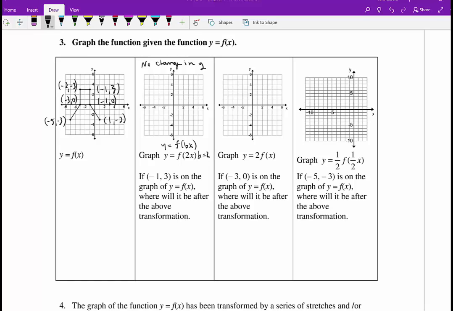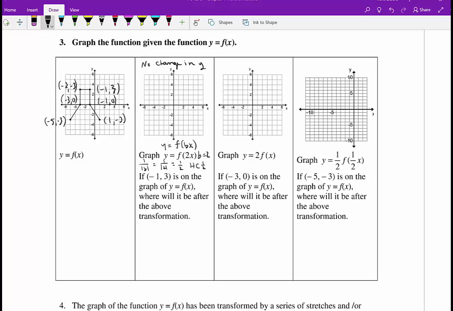And remember that horizontal stretches are 1 over the absolute value of b, so I'm going to plug in the 2 for that. And so the 1 over the absolute value of 2 is a half, which means that we have a horizontal compression of a half.